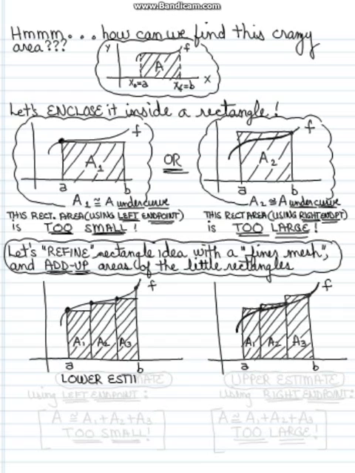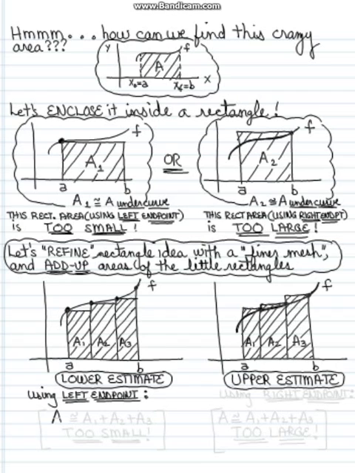For the left endpoint, they're a little bit too small, the areas, when you add them together. So we call that a lower estimation. For the right, they're a little bit too high. So we call that an upper estimation of the area. So lower estimates occur when we use the left endpoints, and the upper estimate occurs when we use the right endpoints.